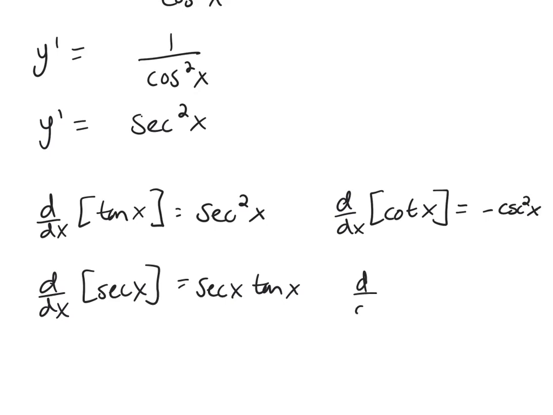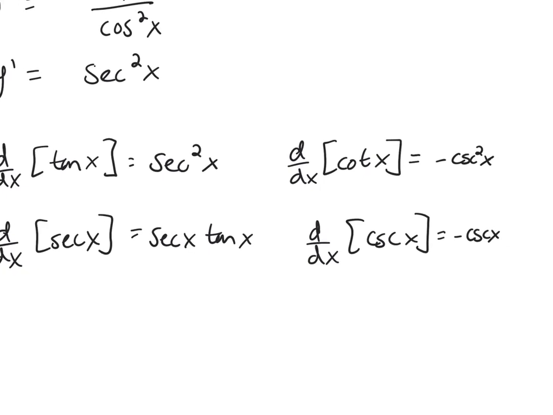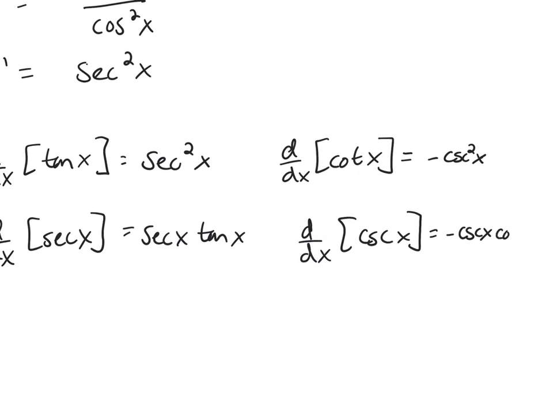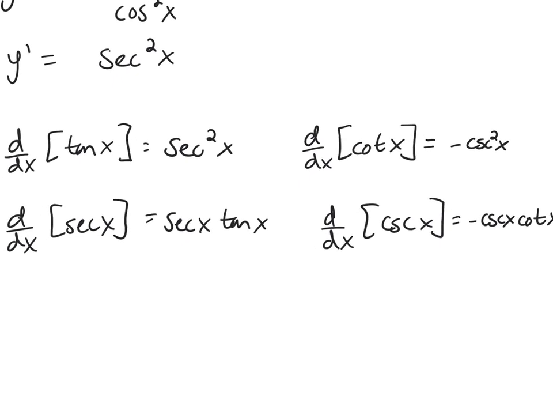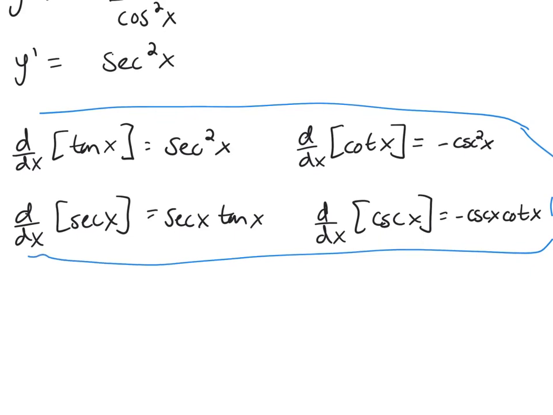And the derivative of cosecant will be negative cosecant cotangent. So these are my 4 derivatives here that we were missing, our 4 trig derivatives that we were missing. So might want to keep these in mind.